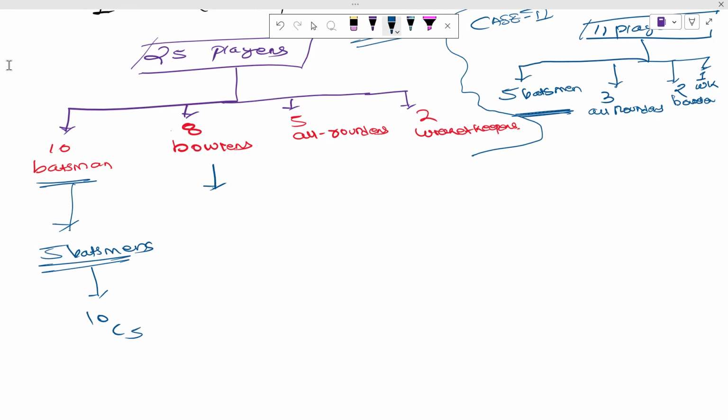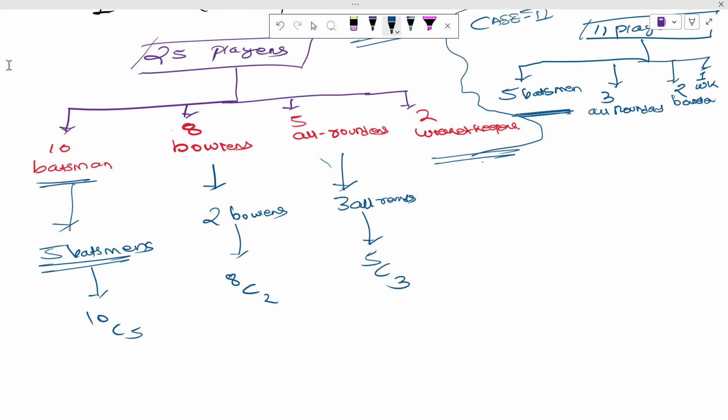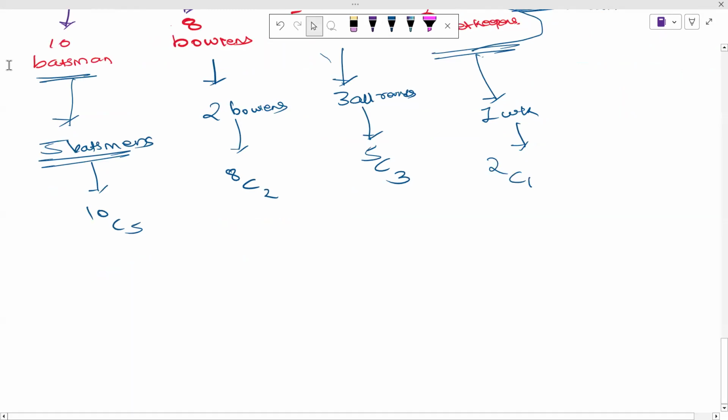Similarly, how many bowlers do I require? 2 bowlers out of 8, so 8C2. Similarly, out of 5 all-rounders I need 3, so 5C3. And the last one is 1 wicket keeper out of 2, so 2C1.